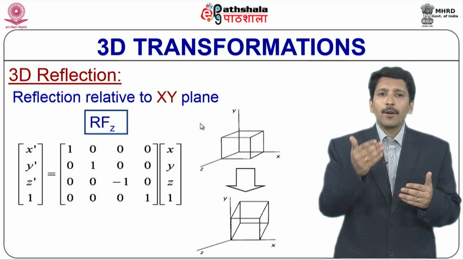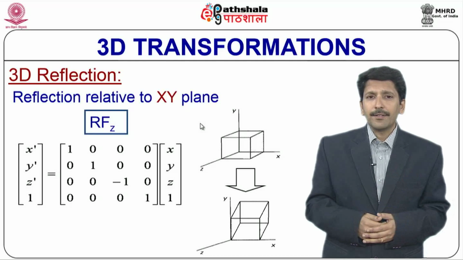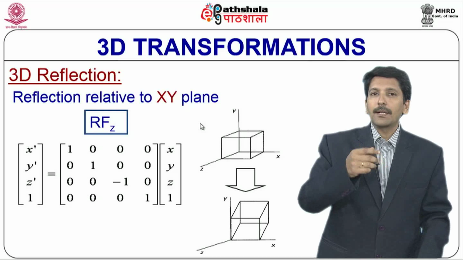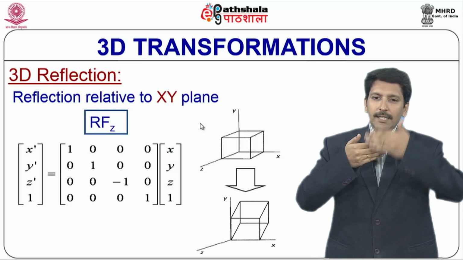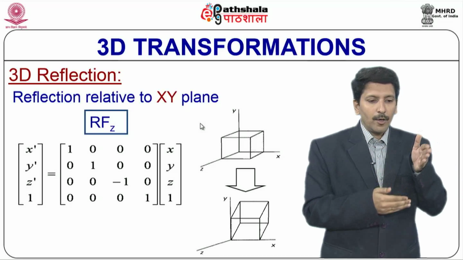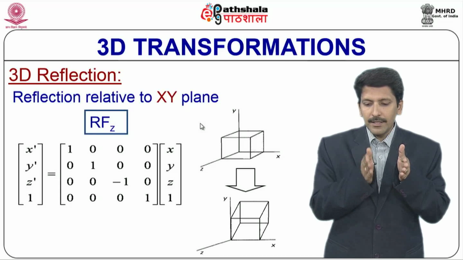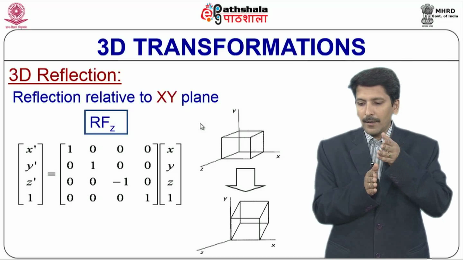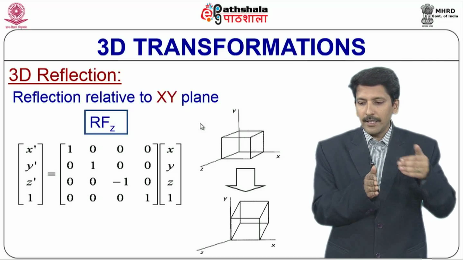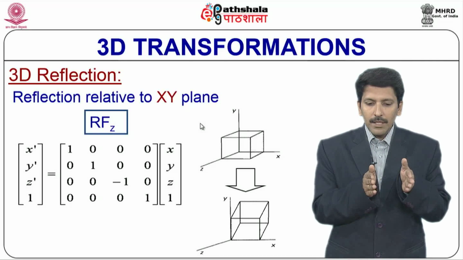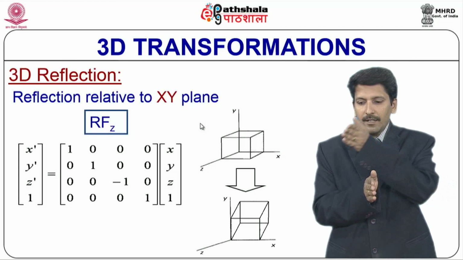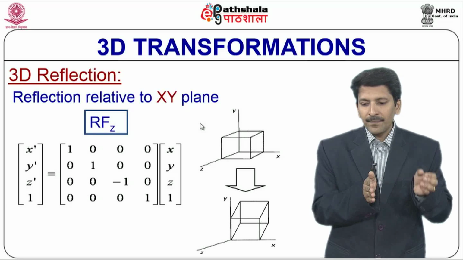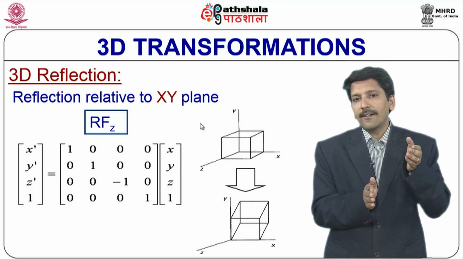Now the matrix that you can see for reflection with respect to the xy plane, what is happening? Imagine an object here and this is the xy plane, and this is the negative side of the plane, that is the negative z direction. Now this object has to be reflected so that it is here after reflection.